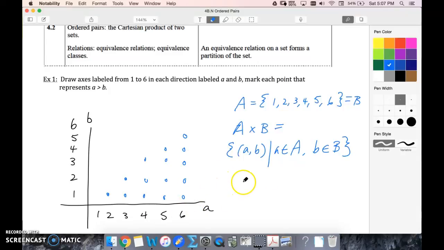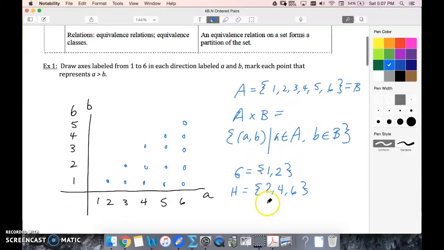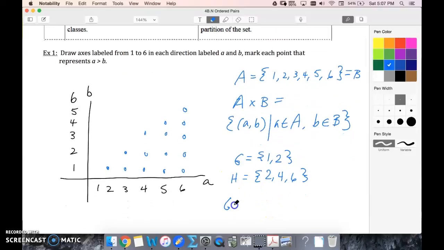If we had smaller sets, so for example, if we had a different set, let's say G was the set 1, 2, and H was the set 2, 4, 6, then G cross H would be (1,2), (1,4), (1,6), (2,2), (2,4), (2,6).